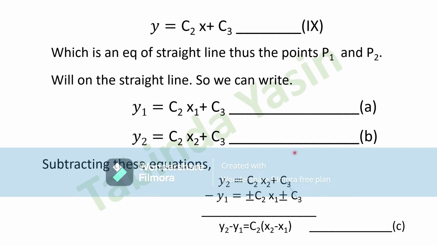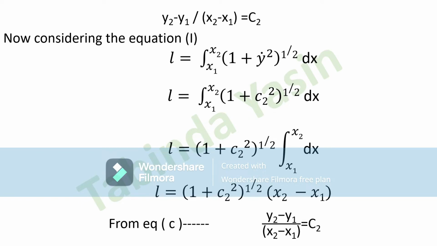Here C3 will be cancelled, only C2 will be taken common, and inside the bracket will be x2 minus x1, giving equation number C. From here we took the x2 minus x1 term to the left hand side in the denominator.